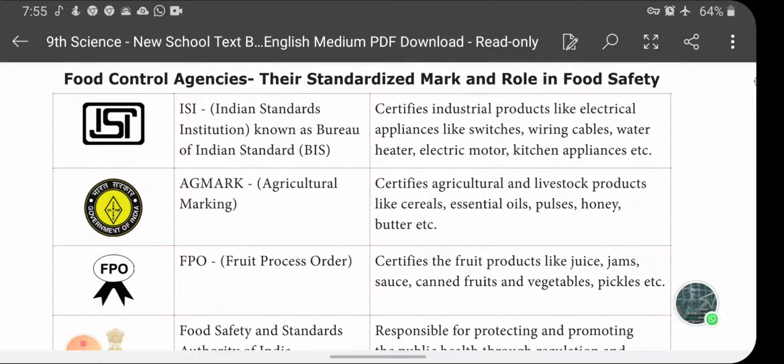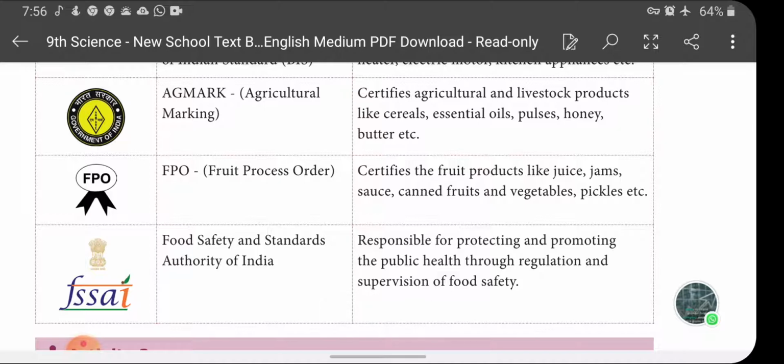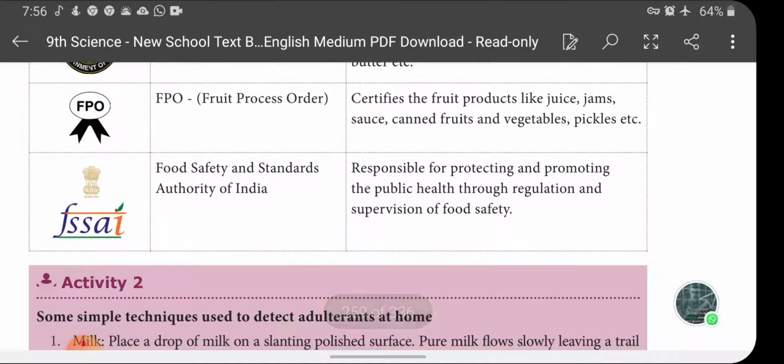It certifies agricultural and livestock products like cereals, essential oils, pulses, honey, butter, etc. Next one is FPO, that is the Fruit Products Order, which certifies fruit products like juice, jams, squash, canned fruits and vegetables, pickles, etc. Next, FSSAI, Food Safety and Standards Authority of India, which is responsible for protecting and promoting public health through regulation and supervision of food safety.